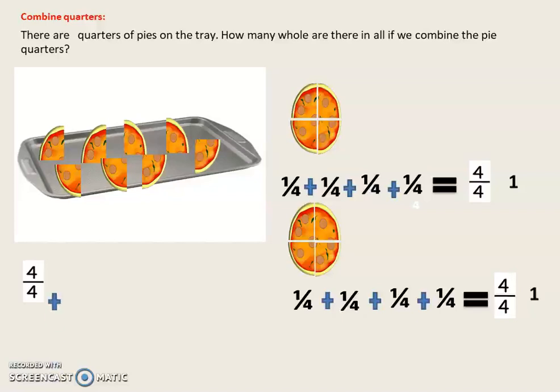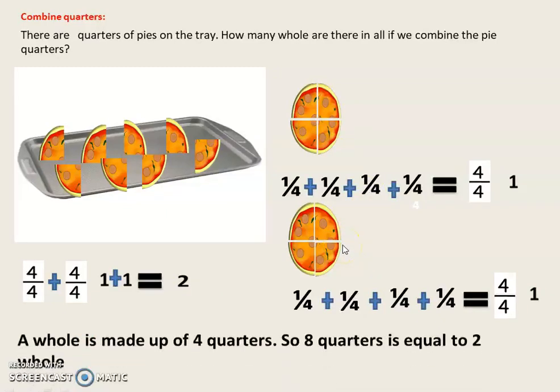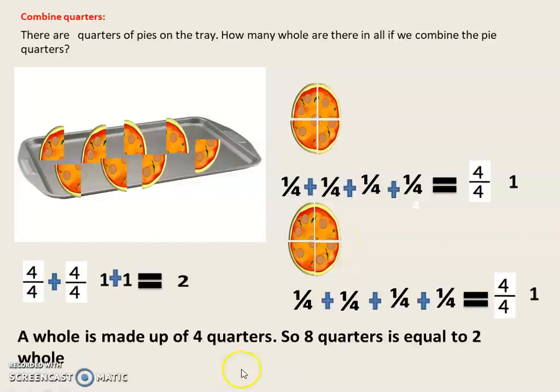So 4/4 plus 4/4, or 1 plus 1 equals 2. So meaning to say, the 8 quarters on the tray are now equal to 2 wholes. 1 whole and another 1 whole. So a whole is made up of 4 quarters. So 8 quarters is equal to 2 wholes.